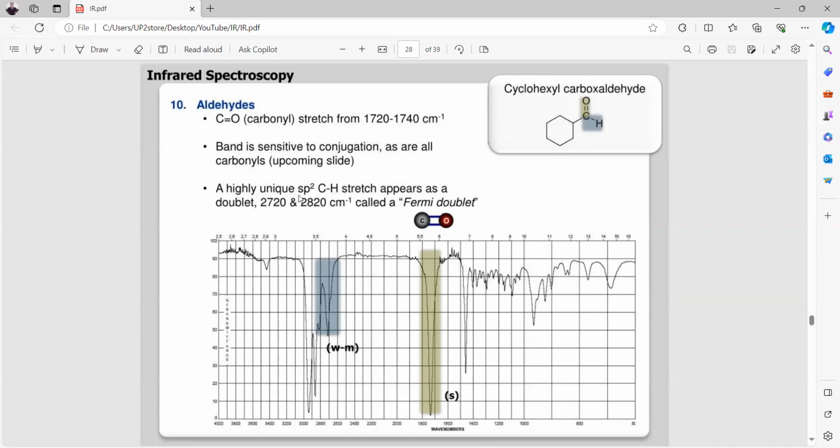A highly unique sp2 CH stretch appears as a doublet, 2720 to 2820, something called a Fermi doublet. So here on the right side in yellow, you can identify the carbonyl group, and from here around 2500 to 2800, you can identify the aldehyde CH.